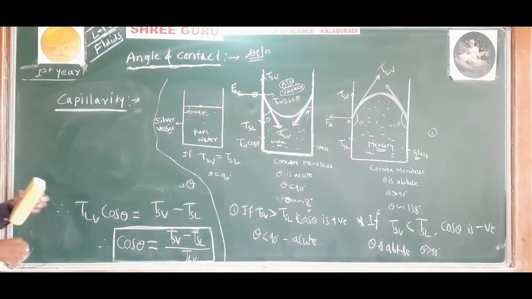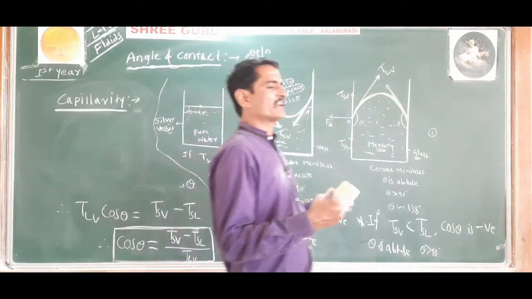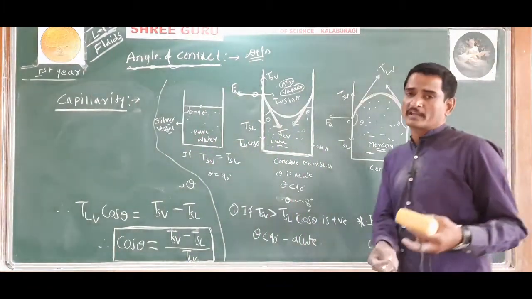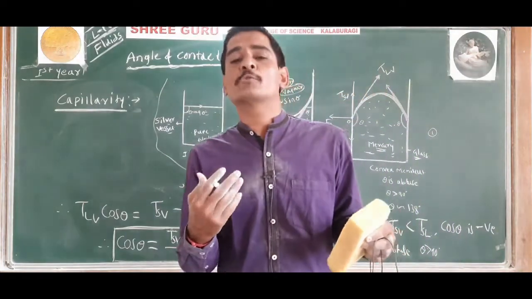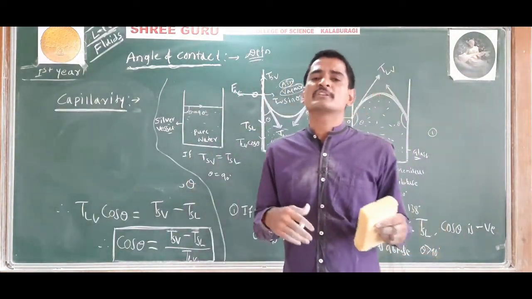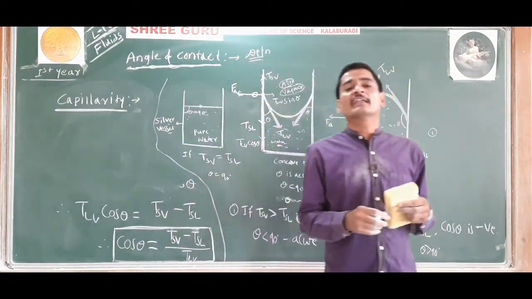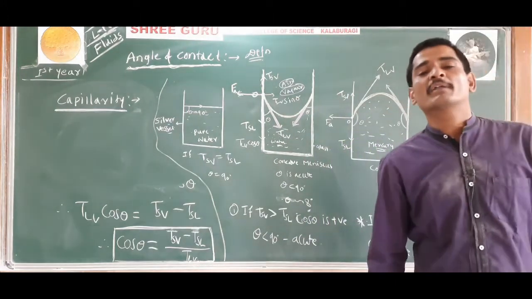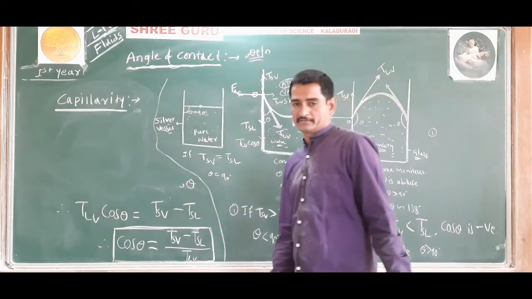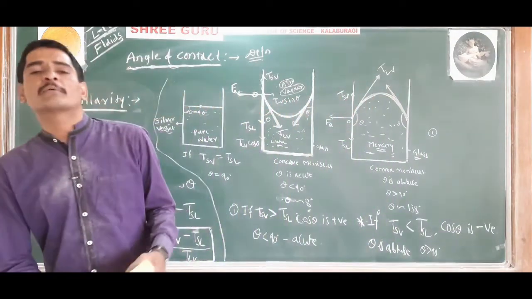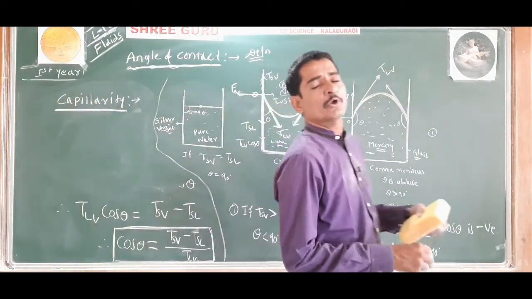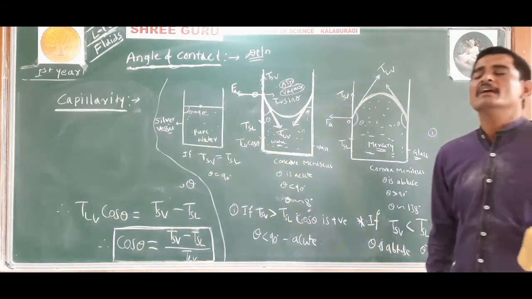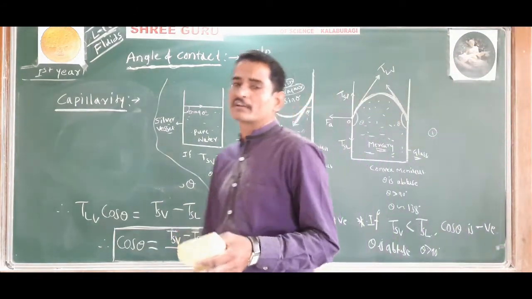Understood? Now, when a capillary tube is dipped in a liquid which wets the glass surface, the liquid level inside the capillary tube rises. Remember this. The liquid level inside the capillary tube rises when the tube is dipped in a liquid which wets the glass surface.